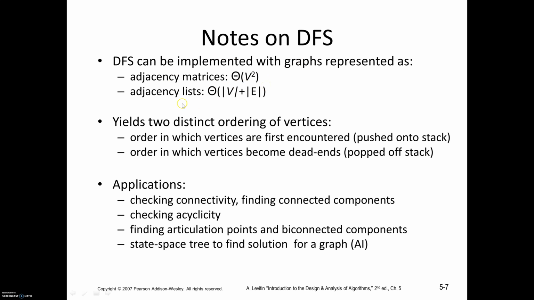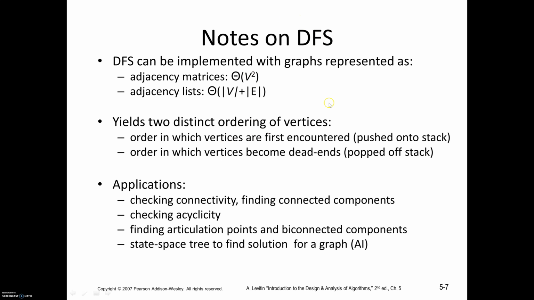If it is implemented using an adjacency list, its complexity is theta of modulus of V plus modulus of E. This DFS yields two distinct orderings of vertices. One is the order in which vertices are first encountered, that is pushed onto the stack. The second order is the order in which vertices become dead ends, that is popped off the stack.